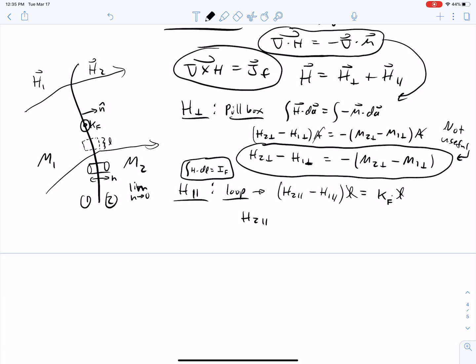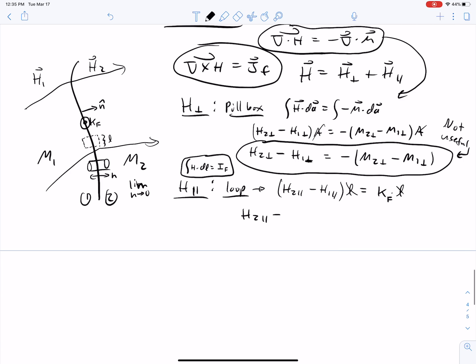And so H2 parallel minus H1 parallel is equal to K free. And if you think hard about all the directions, then you realize that I have to write it like this: K free cross n hat. And so that's the boundary condition on H. And so this one is very useful.